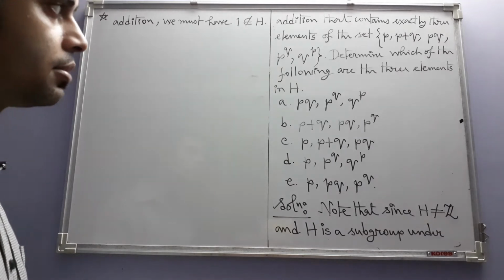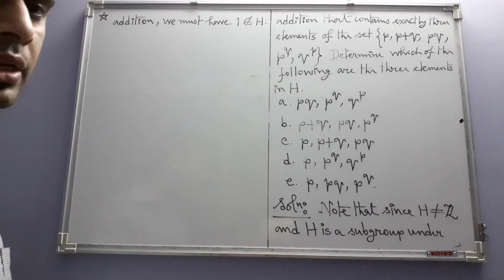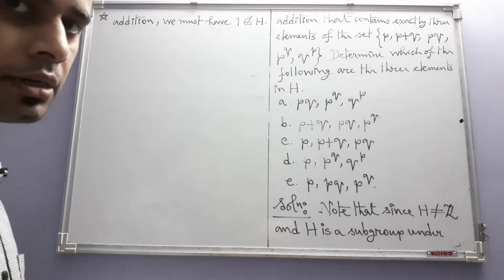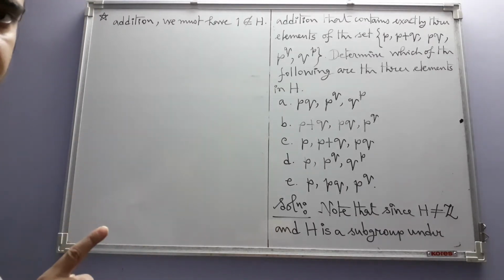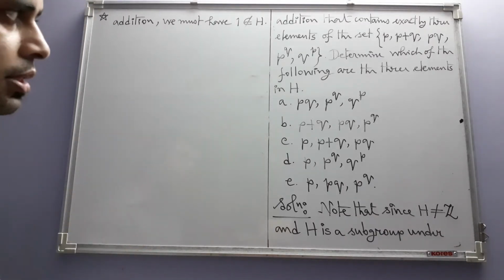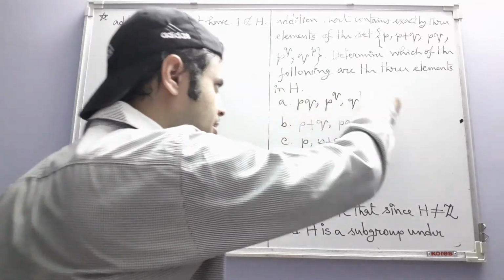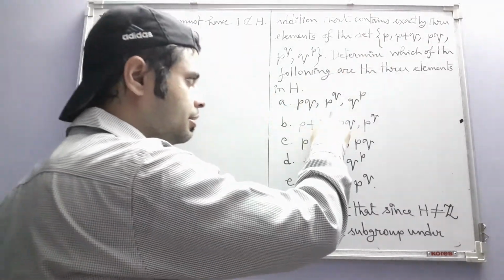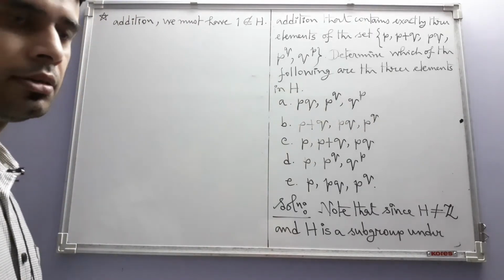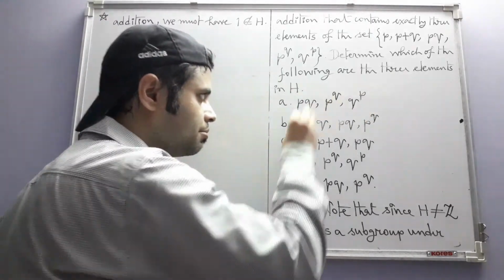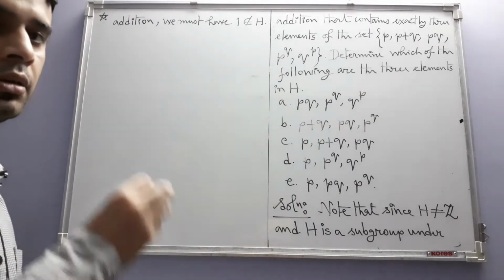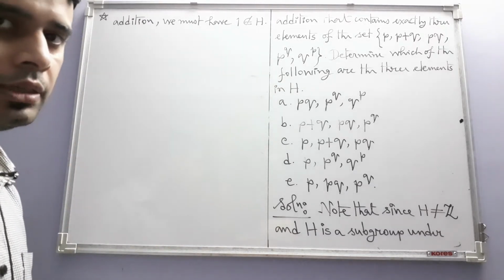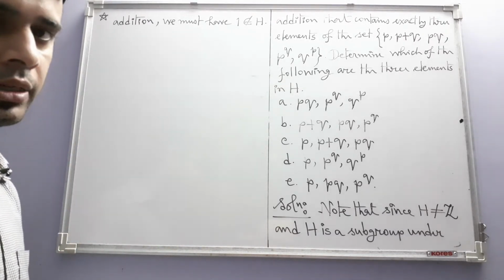So some linear combination of these integers will give us 1. If these are elements belonging to H, then if you multiply them by any integer, that will also belong to H. But why exactly is that so?